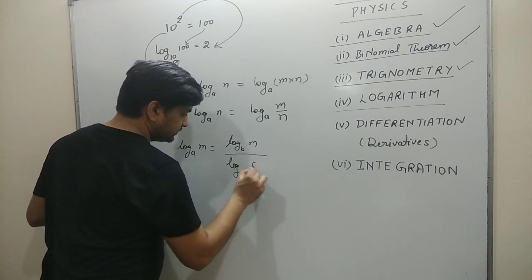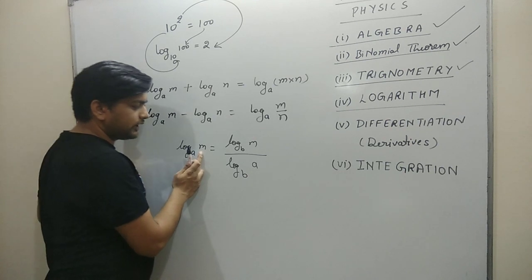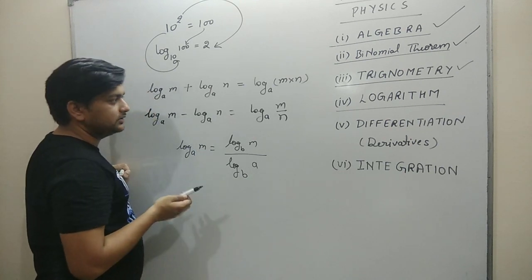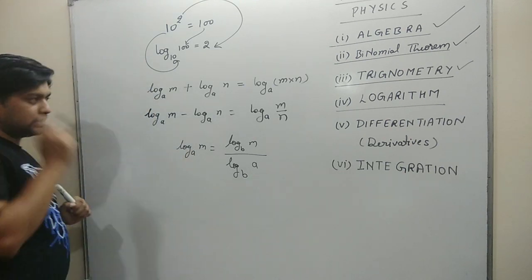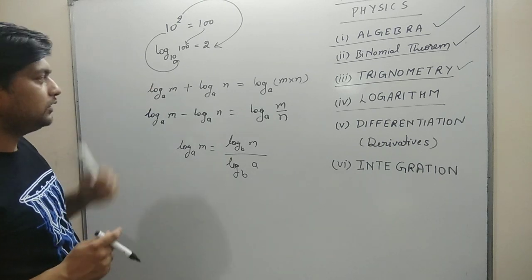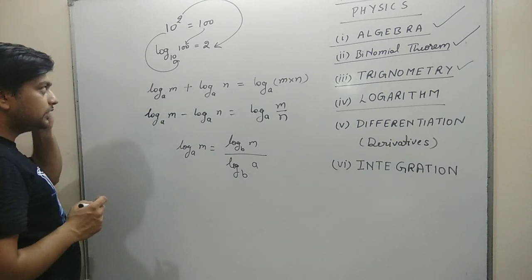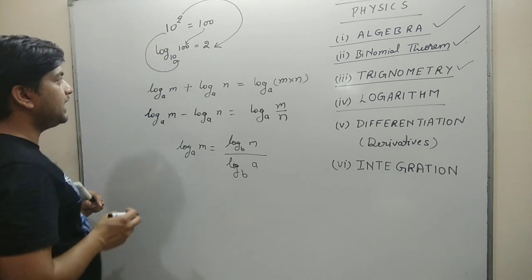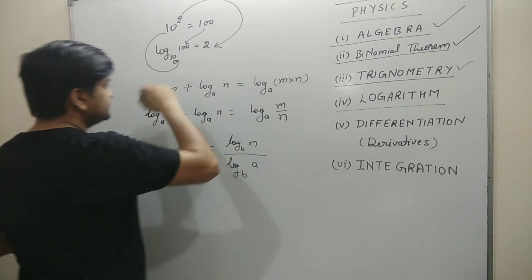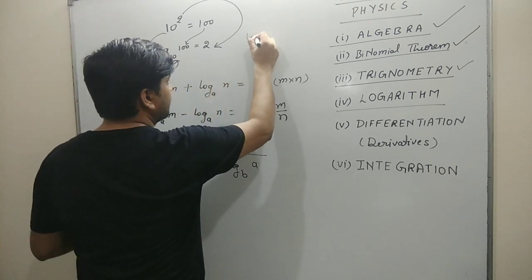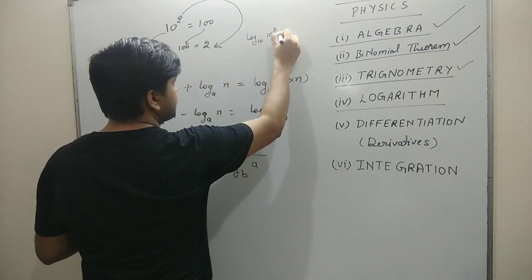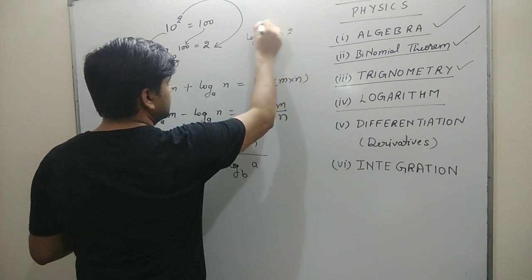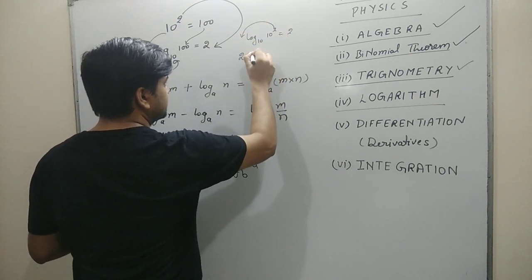With a new base, we can divide log m divided by log n. These are the few formula that we can use in logarithm. Or the power that can be here can be multiplied. How? See. This will go in front of that.